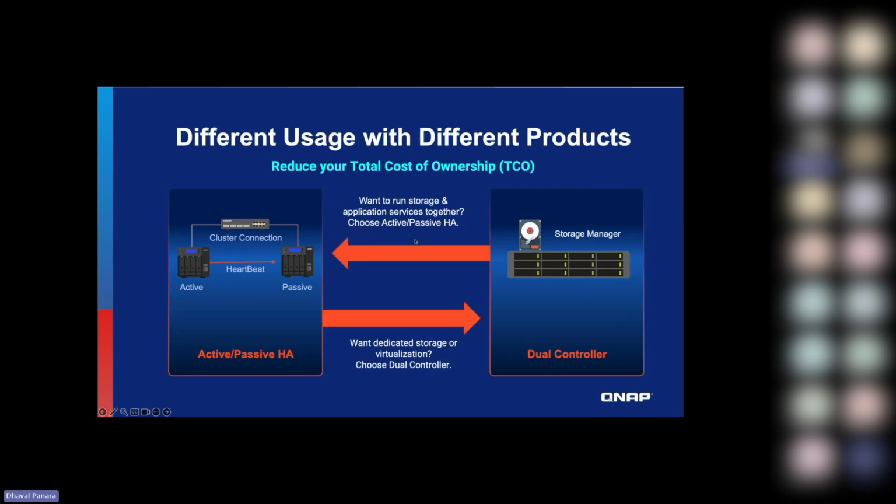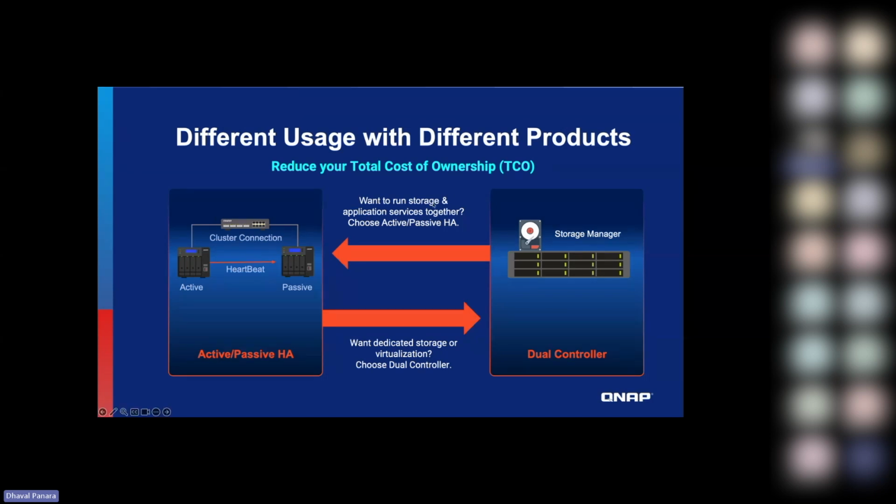Okay, so the difference between these two is basically the dual controller model is more for your virtualization or iSCSI, all this storage management, right? And for the heartbeat, the active passive HA, you can also cover your applications, all the different apps.